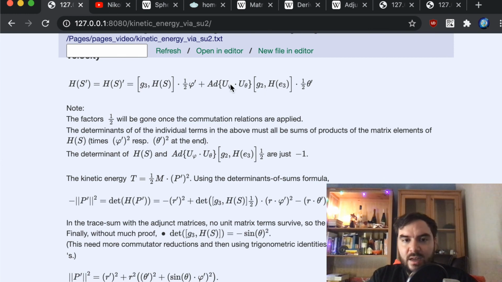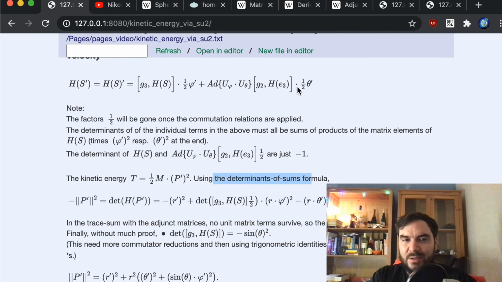So this thing here, as I just argued, even if the symbols might be scary, it's clear that the determinant of this is just plus or minus 1, and this minus 1. Okay, so using those, we simplify a bunch of terms here. We get the kinetic energy, and we're only interested in this thing. Using this formula, here you have to believe me that these trace terms are really just, I didn't do the calculation explicitly, that no central term survives, that no unit matrix survives in these objects.